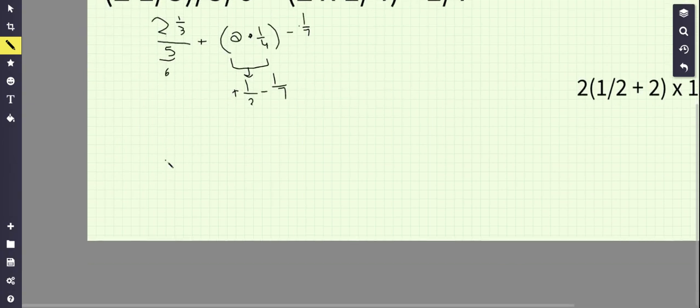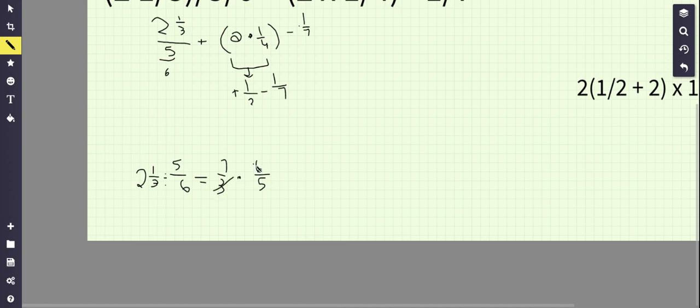So we got 2 and 1/3 divided by 5/6. Remember how to divide these numbers? What we have to do is make the mixed number into a fraction. So in this case, that becomes 7/3, and multiply by the reciprocal of the second fraction, 6/5.